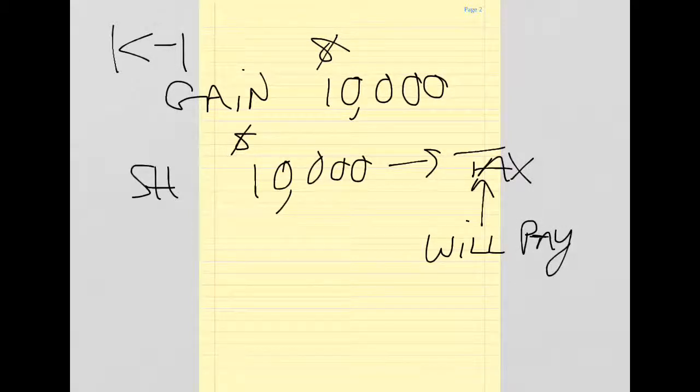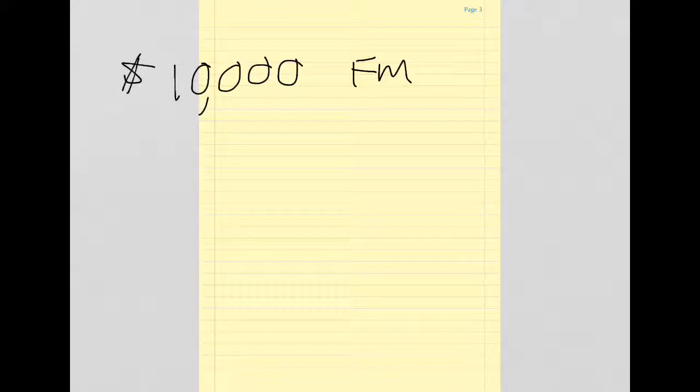Now they get the distribution of the $10,000. Where does that distribution come about? The value of the property. It's the fair market value of the property, and it's considered a distribution to them.